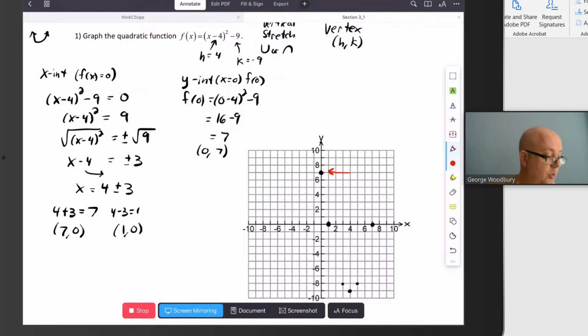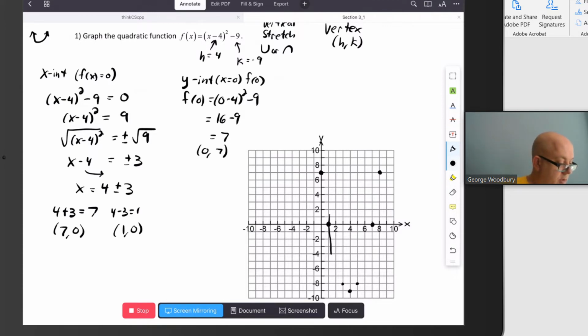I need another point that's going to be 4 to the right of that. So I'm going to move by 4 in that direction as well. Now that's not part of the graph, so I'm going to erase what I wrote. And then I'm going to put the point where I had the arrow right there. And that's enough to get a really good U-shaped graph.